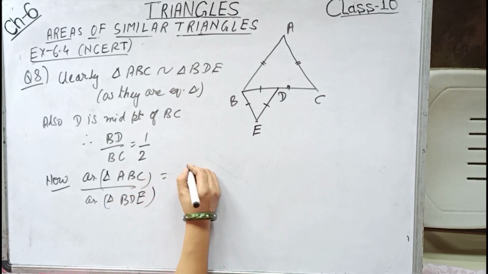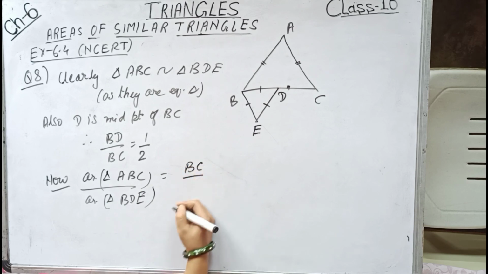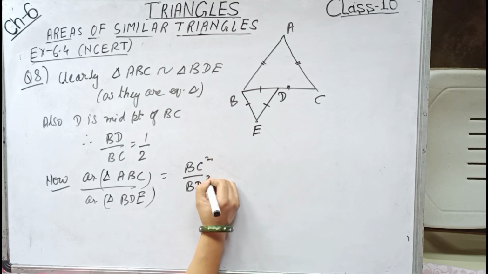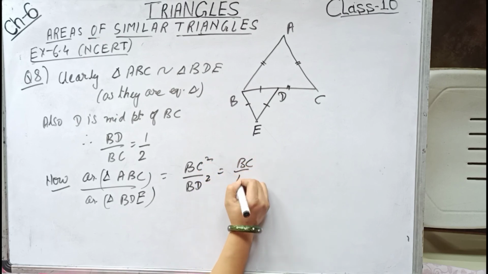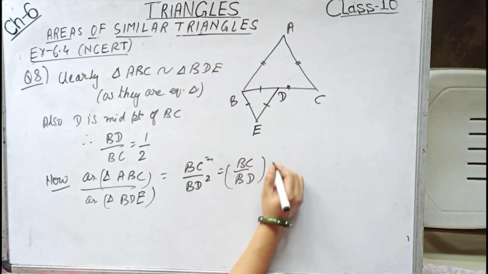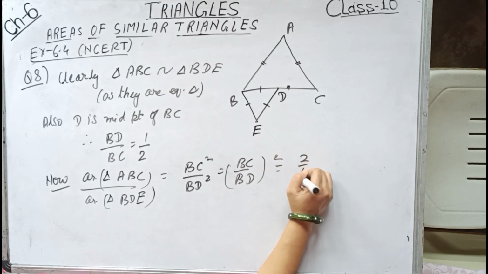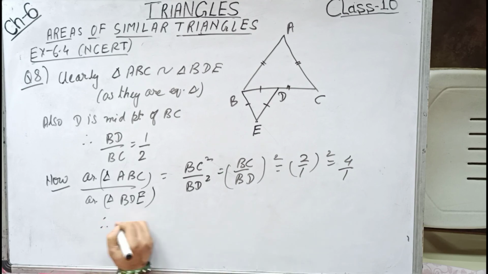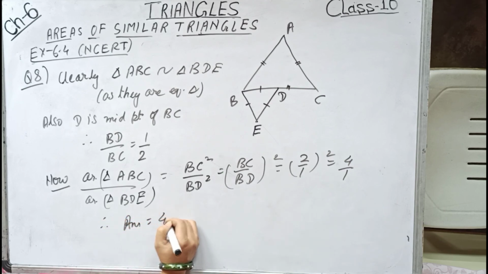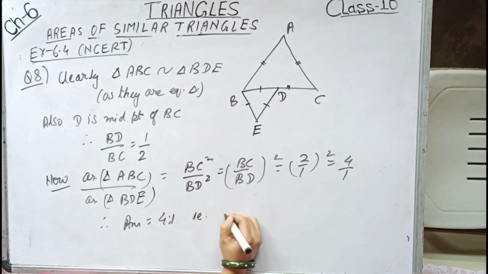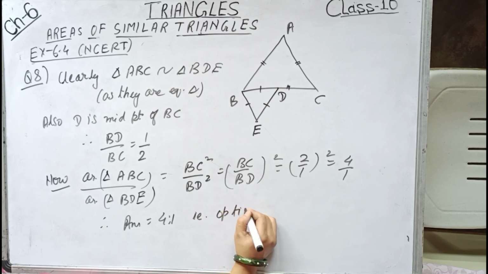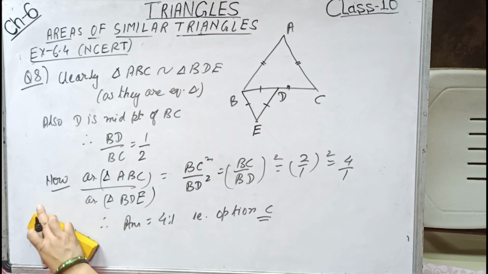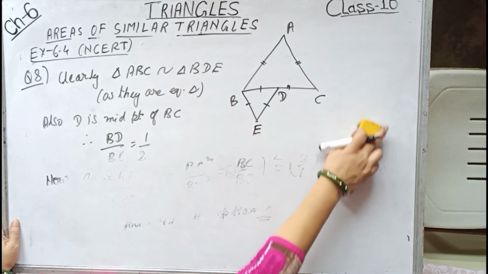So for ABC I will be writing BC and for BDE I will be writing BD, equals BC by BD square. So this will be equal to 2 by 1 square. So this will be equal to 4 by 1. Therefore answer will be 4:1. That is option number C.